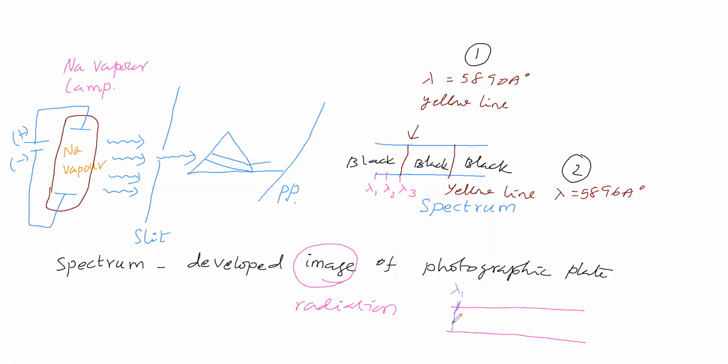The radiation which has wavelength lambda 1 will fall at this place. Striking in the photographic plate means some radiation fell over here. Which radiation? The radiation which has wavelength lambda 1.